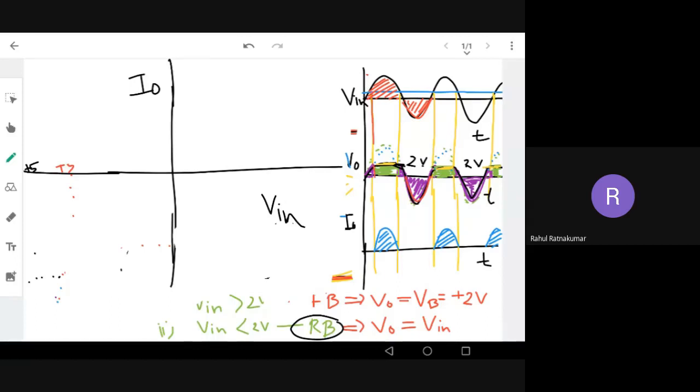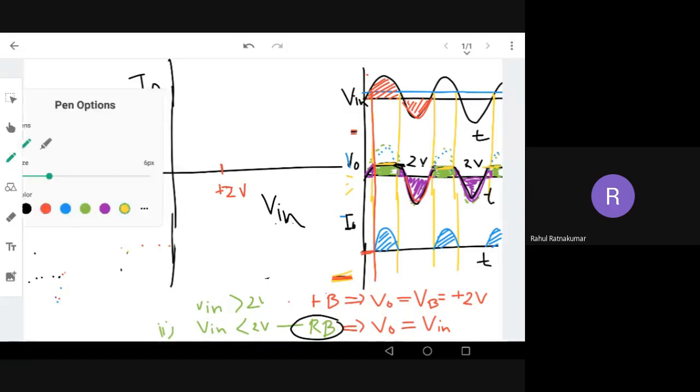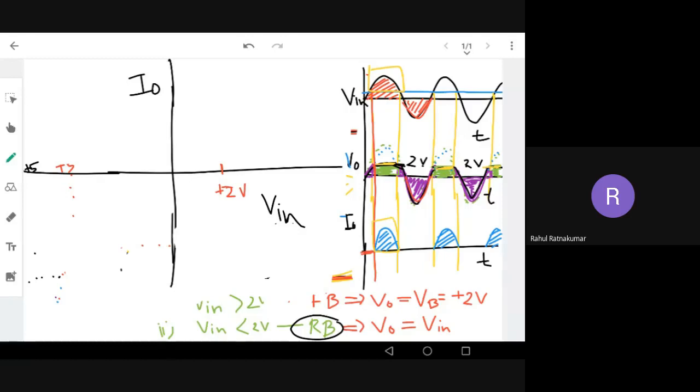I out is starting when V in has crossed 2 volt. So this is plus 2. Only then is I out starting. After that, I out is increasing with respect to the voltage. So we can draw it like this. After 2 volt, I out is increasing with respect to V in, and before that, I out is 0. In all other cases, I out is 0.